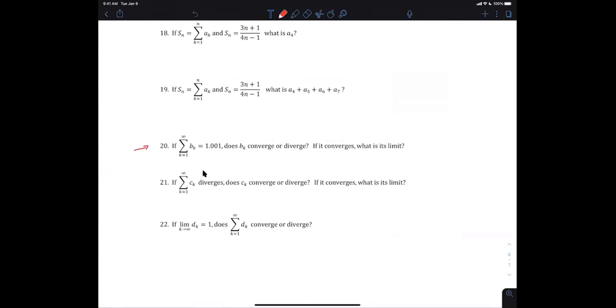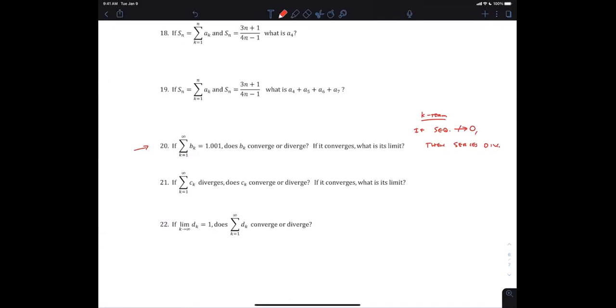So the k-term test says that if the sequence does not go to 0, then the series diverges. Right? So if the limit of the sequence is not 0, then the series diverges.